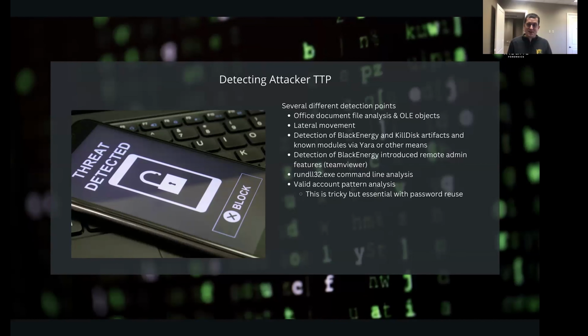Command line analysis. Some of these commands were run through things like rundll32 to execute BlackEnergy 3 and other modules. So doing command line analysis, pulling out some of that stuff we've talked about in previous Tech Talk Tuesdays from the Windows event logs, you want to look at those command lines and say, hey, it's weird that I'm loading this file out of the applications folder.